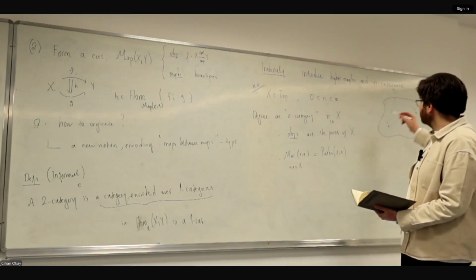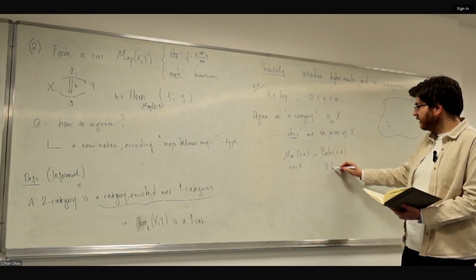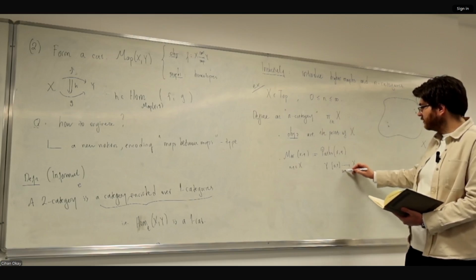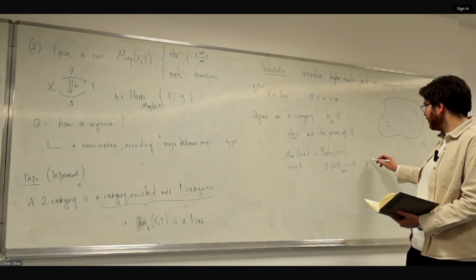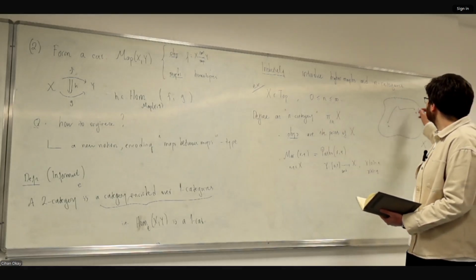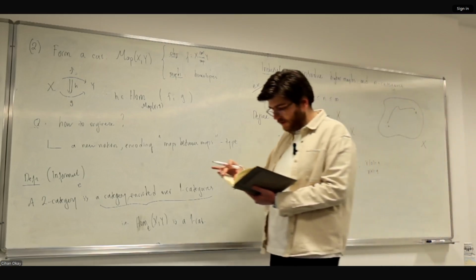So you have a path like this. It is a continuous map from the interval, let's say gamma of 0 is x and gamma of 1 is y. Therefore you have this path. The image of this function gives you a path.